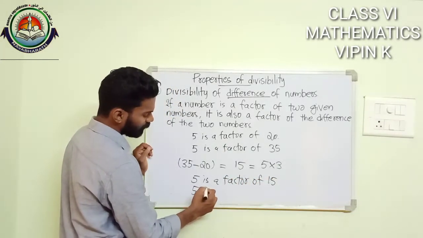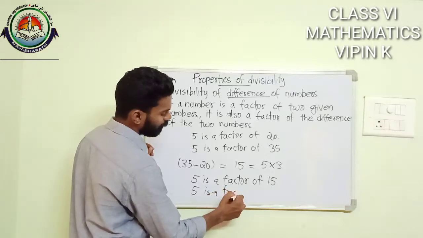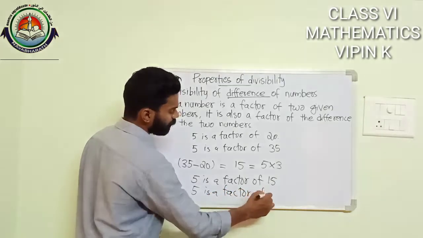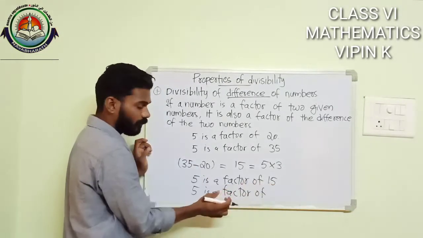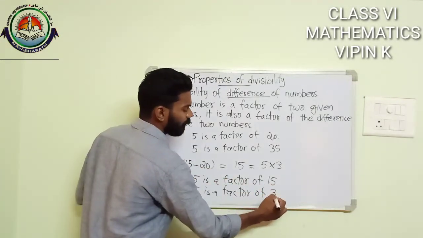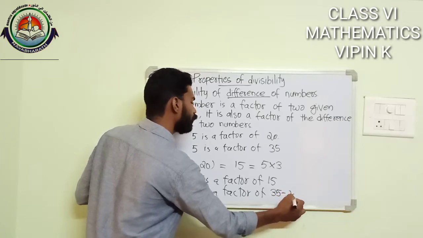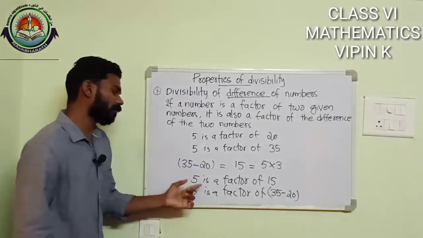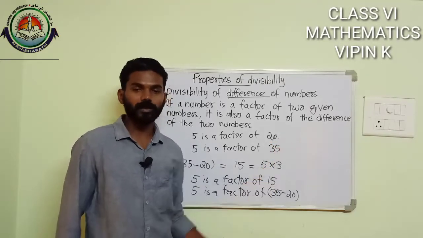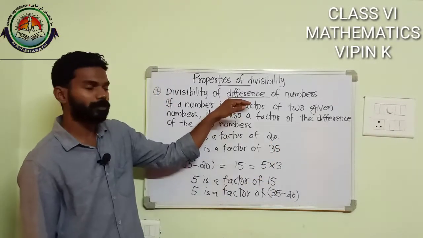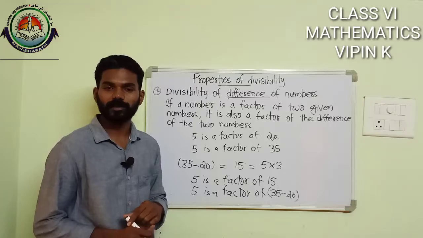What is this 15? How did you get this 15? You got this 15 as 35 minus 20. Okay, so 5 would be a factor of the difference of the given two numbers. That is the property referred to here.